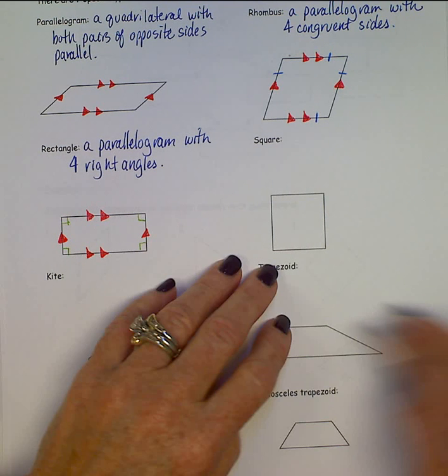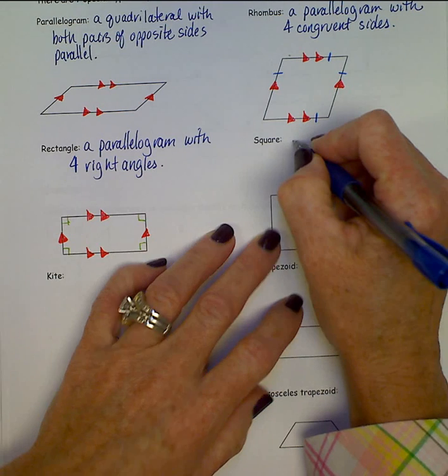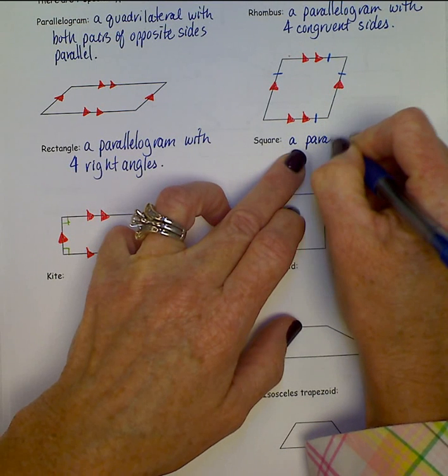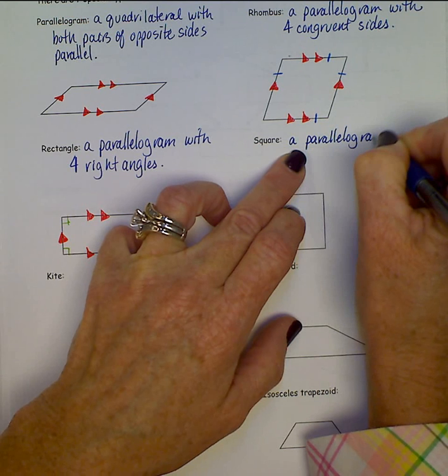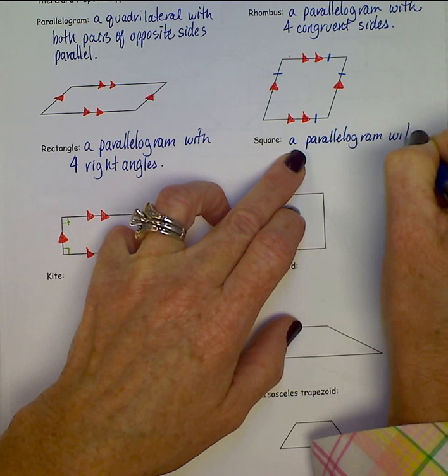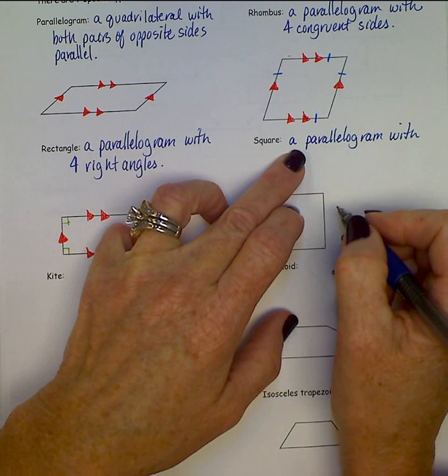A square is a parallelogram with 4 congruent sides and 4 right angles.